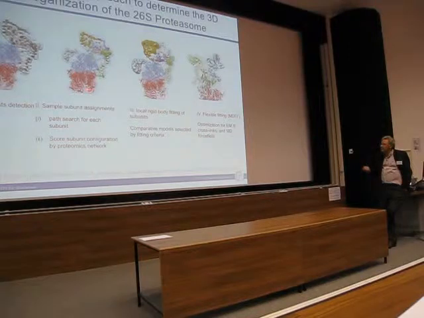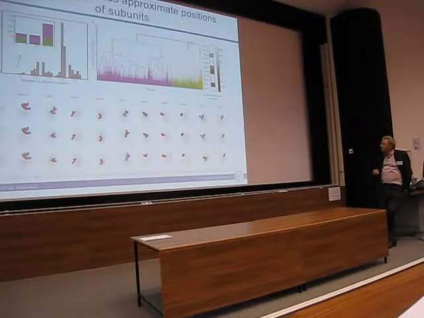And for each and every configuration, we scored against the violation of experimental restraints coming from the mass spec experiments. And that provided us with initial information about the localization of the subunits, which was then iteratively refined by molecular dynamics-based flexible fitting here.